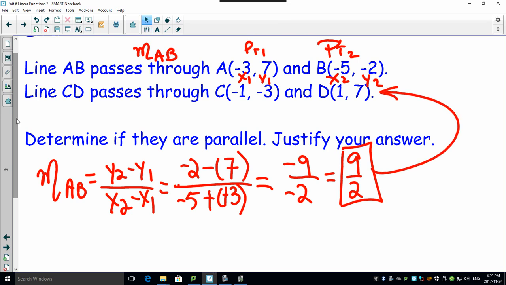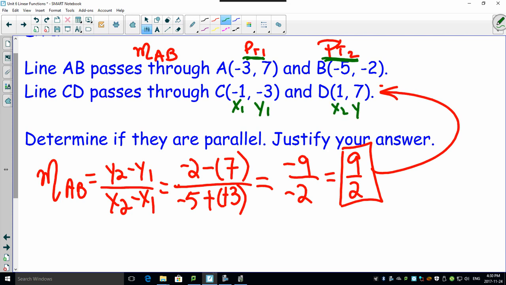So I guess our next step is to find out what the slope of CD is. I'm going to just clean it up a little bit. Point 1 is this guy. Point 2 is this guy. So that means I can label these now as x1, y1 and x2, y2 for my new situation, using the same formula.